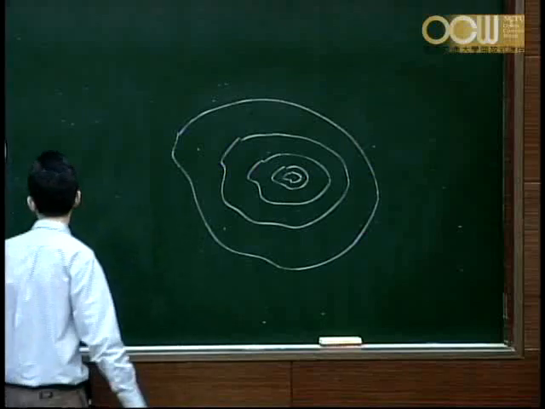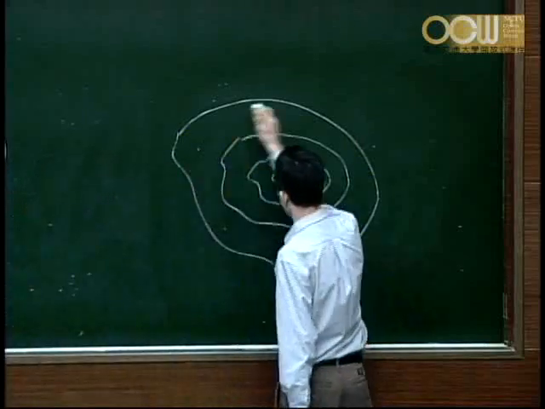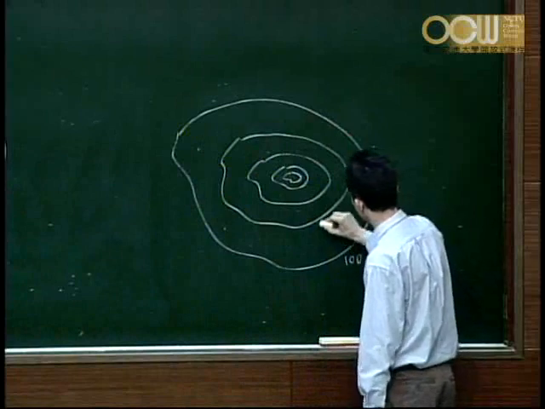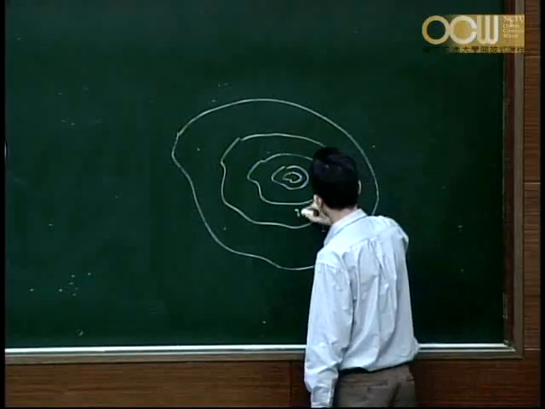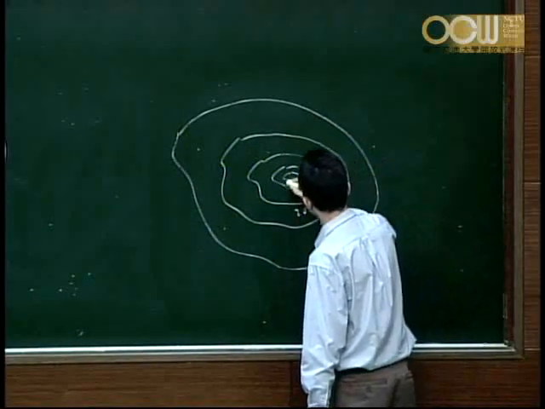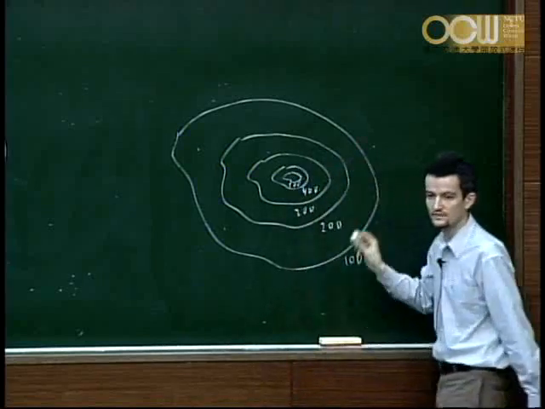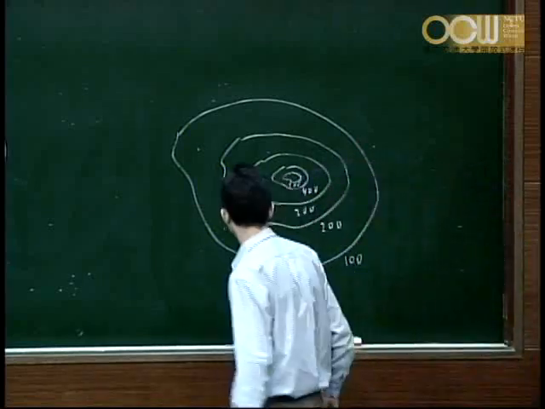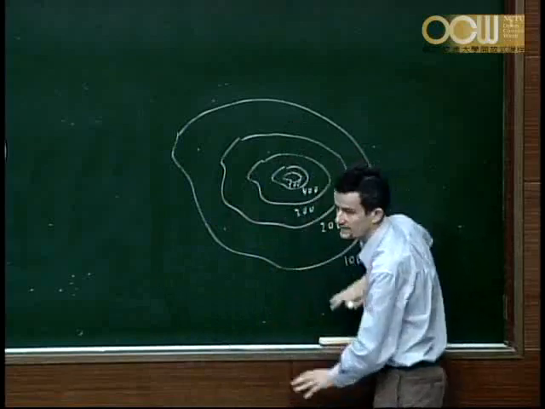Here the height is maybe 100, here 200, here 300, 400, and here 500, and so on. So this is some landscape, and here you have some hill.